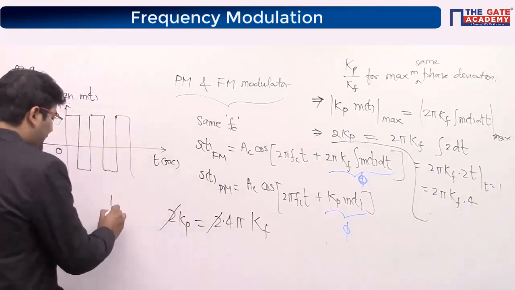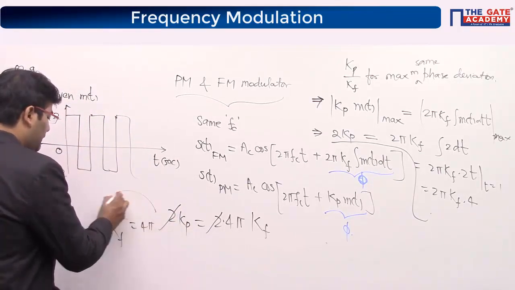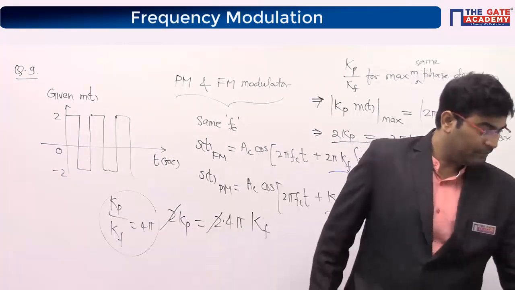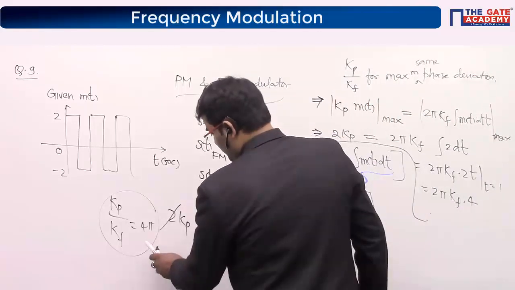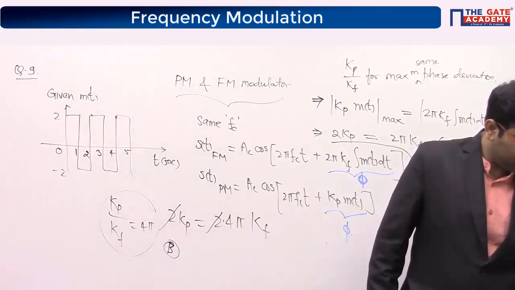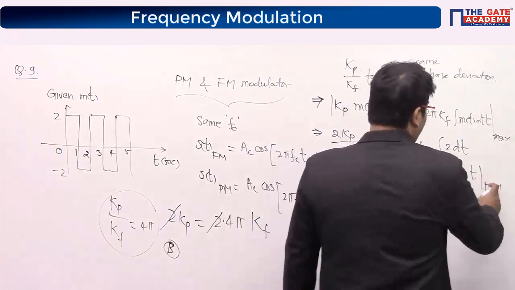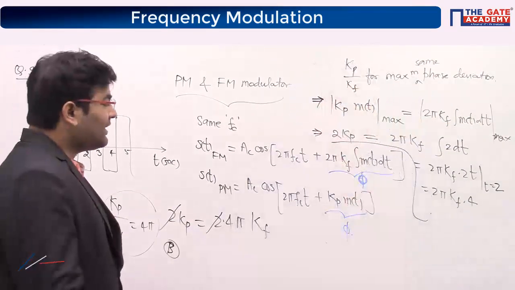So Kp by Kf is equal to 4 pi. And I guess looking at the options, the answer is B. Yeah, correct, at t equal to 2. Sorry, thank you, it is t equal to 2. But such a nice question, right?